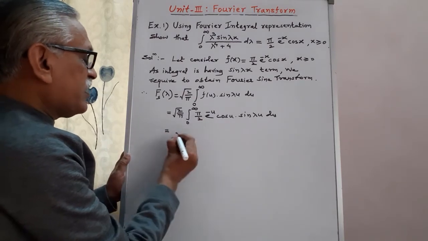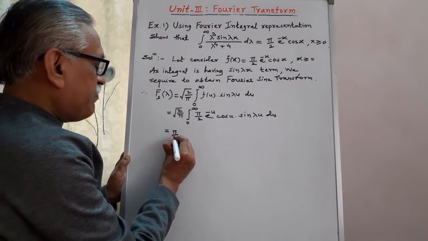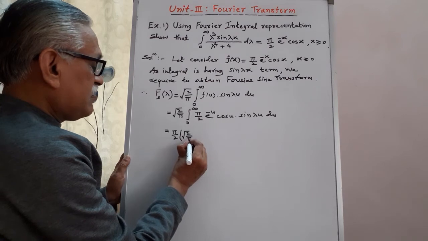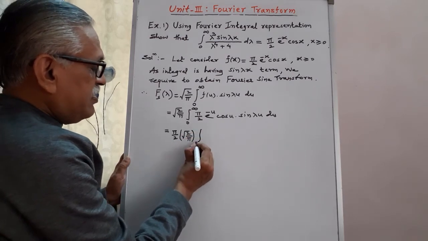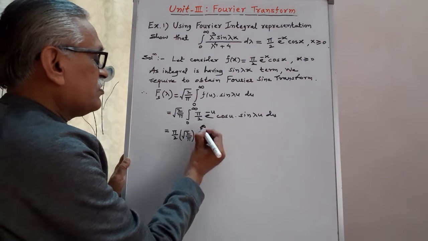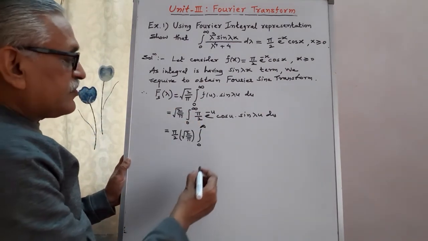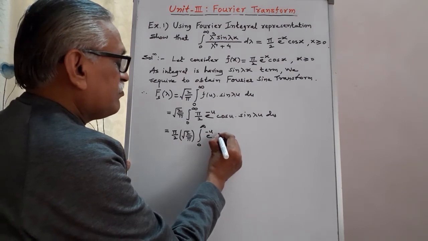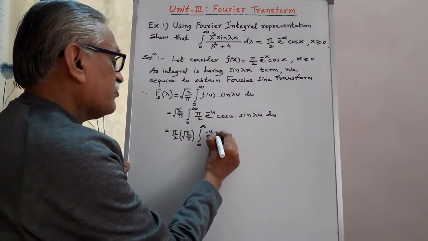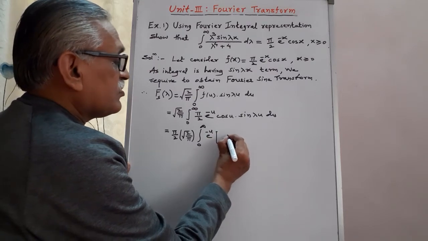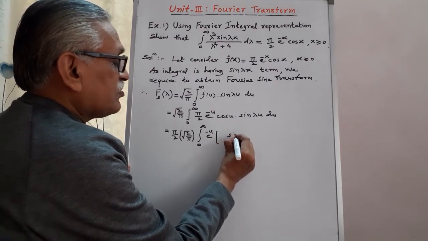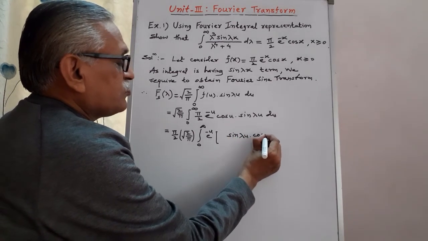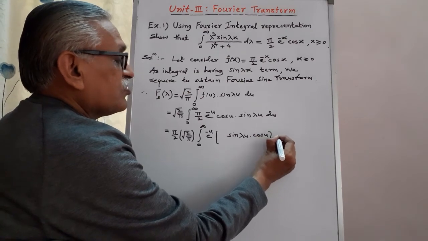Taking that constant term outside, we get pi by 2 into root 2 by pi, integration from 0 to infinity of e raised to minus u multiplied by sine lambda u into cos u du.